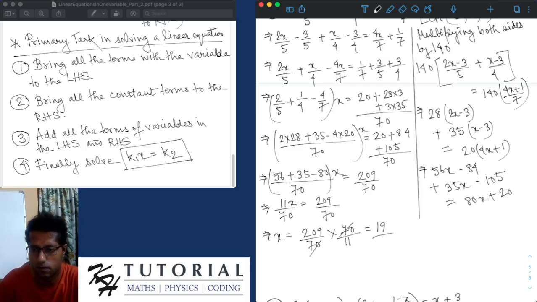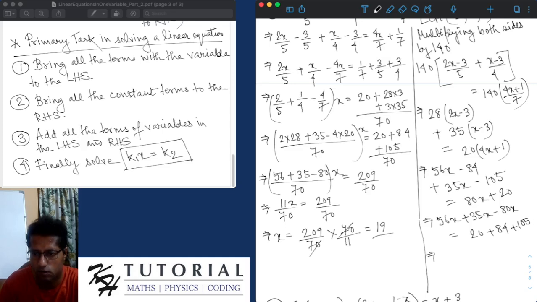Now if we bring all the x terms, variable terms, to the left hand side and all the constant terms to the right hand side, it becomes 56x plus 35x minus 80x equals 20 plus 84 plus 105.